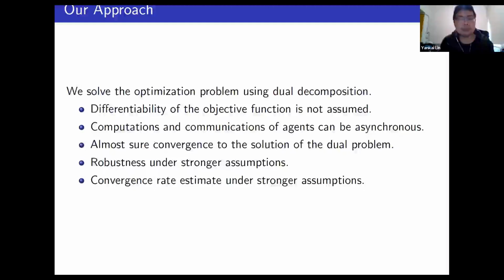That means when you have some errors in the system, we can show that it converges to a neighborhood of the solution, and the size of the neighborhood depends on the size of the disturbance. That's to be expected. Also under stronger assumptions, we can give some convergence rate estimates, which are consistent with the centralized version of the algorithm.